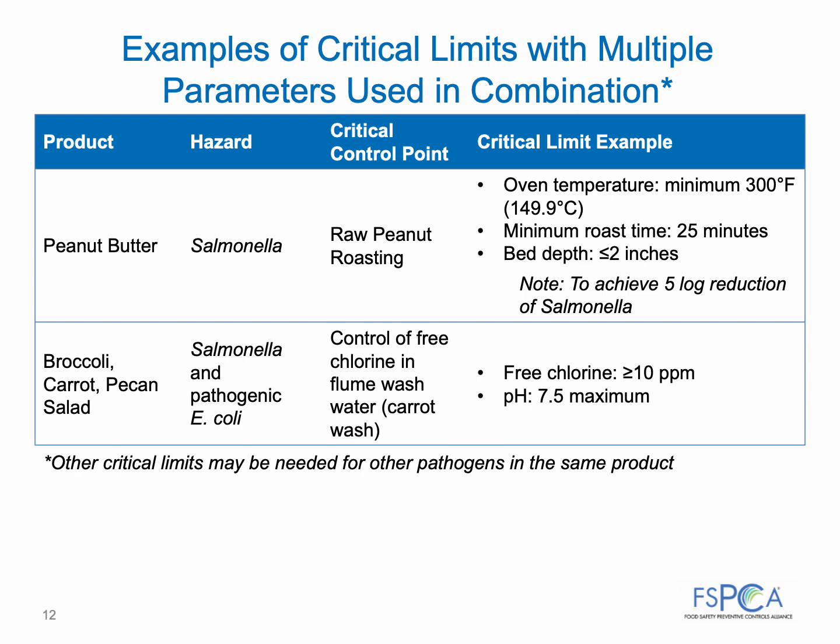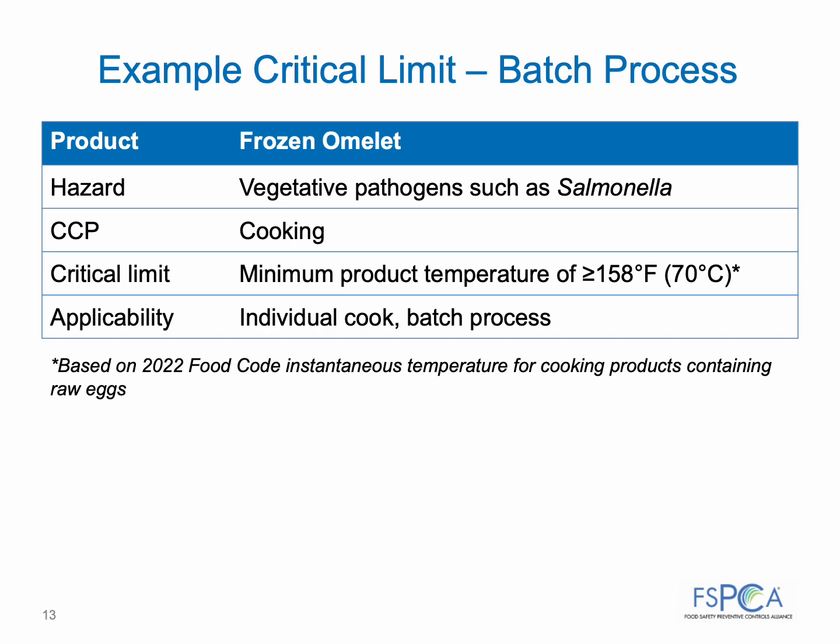Parameter options and critical limits must be determined on a product by product basis and must consider the role of the specific process preventive control in relation to the food safety system. A variety of approaches could be applied to set critical limits for a cooking process preventive control, intended to eliminate the hazard of vegetative pathogens in a frozen omelet.